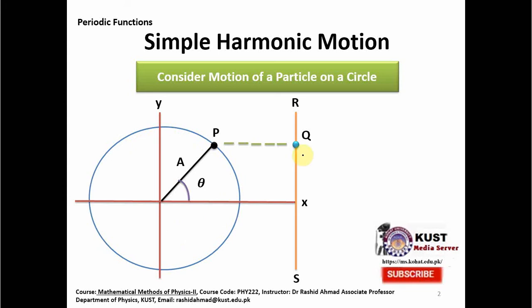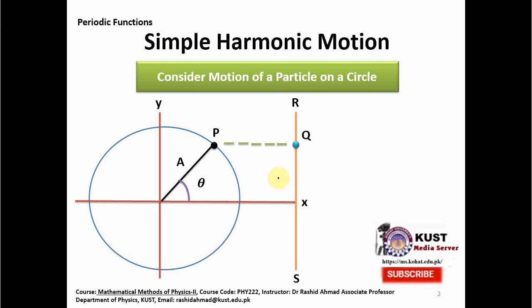In this way we will be able to show that point P is executing a simple harmonic motion, as well as point Q. We will also see that the motion of point Q is equal to the y component of the motion of point P, on the line RS.